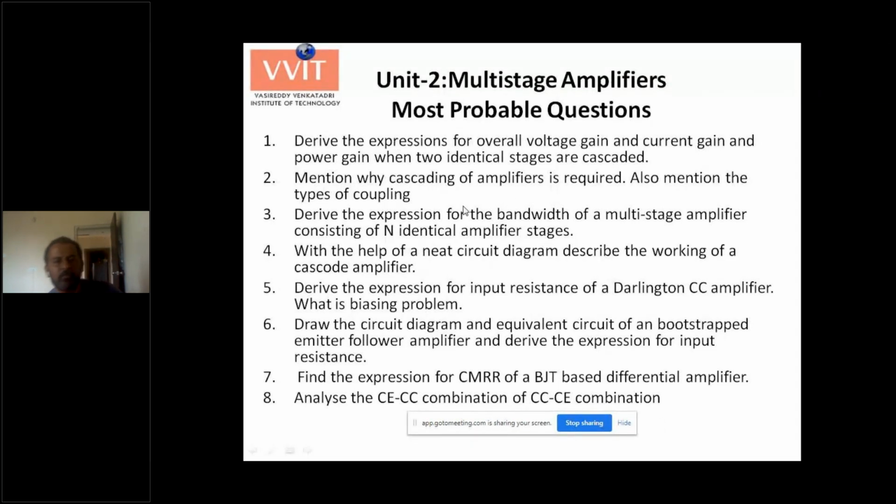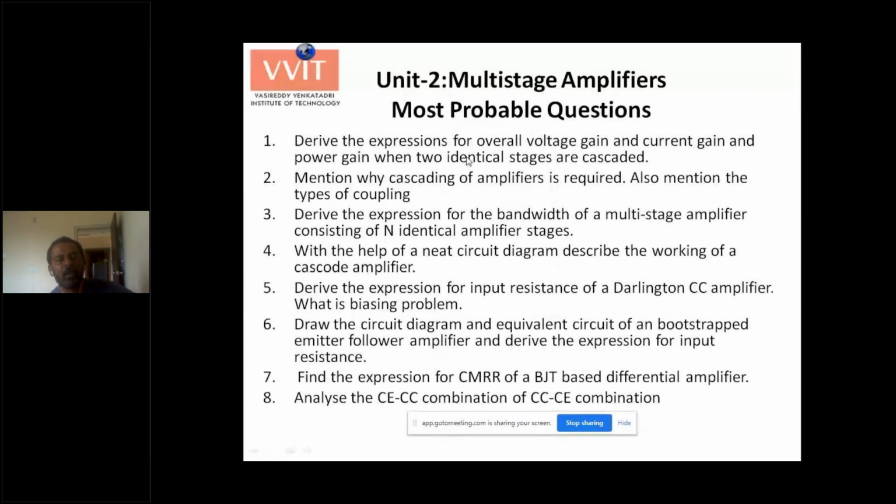Anyhow, the first topic is to answer why cascading is required for amplifiers. Also, you need to look at types of coupling. Somewhere in the first slide, while we were talking about types of amplifiers, we mentioned these types of coupling.